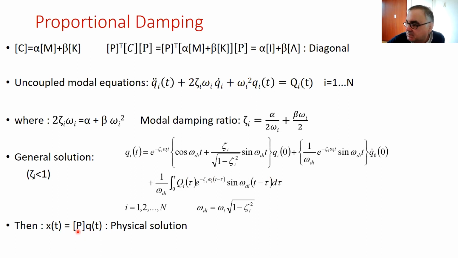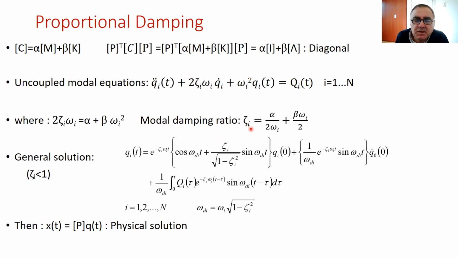You can do this if your system is proportionally damped. If not, well, then you have to convert the equations to another form. But we are not going to cover that. What you usually do is the following. You just ignore the physical situation and assume a modal damping ratio.